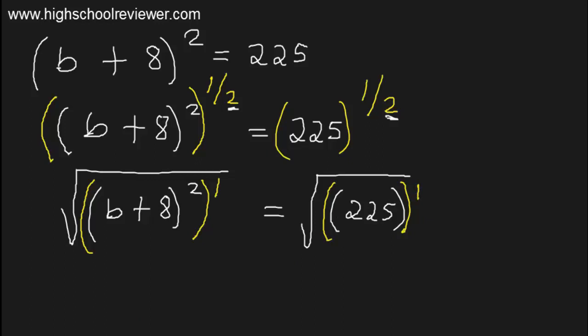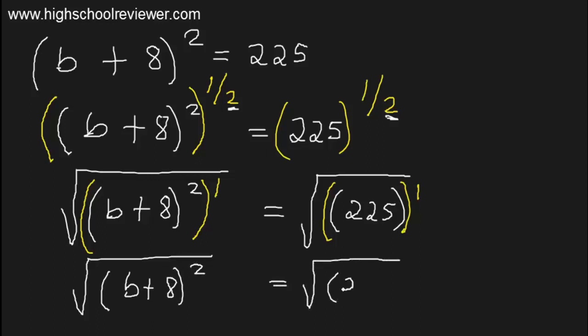Since 2 multiplied by 1 is still 2, this will be the square root of the quantity of b plus 8 raised to 2, which equals the square root of 225.